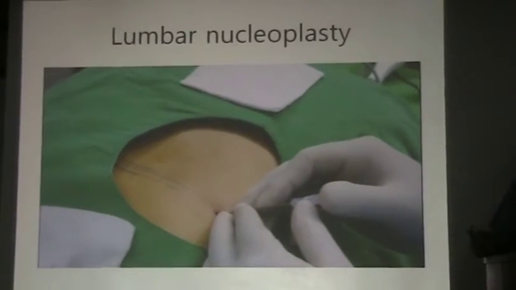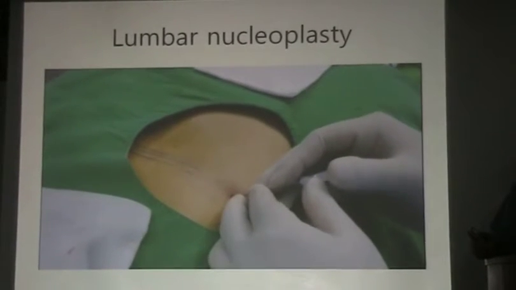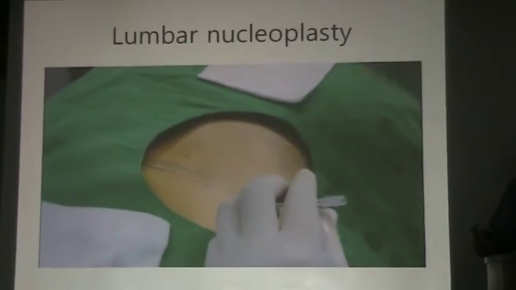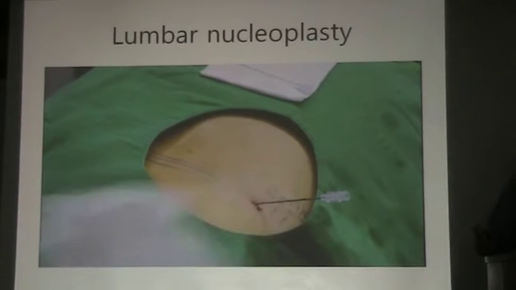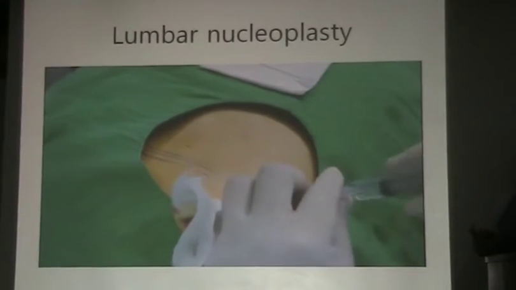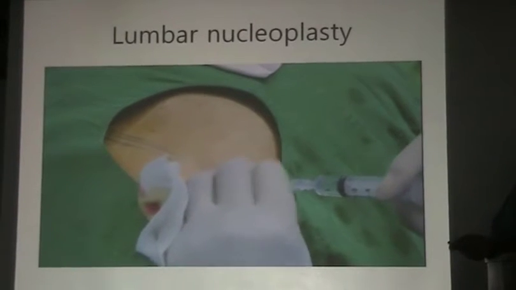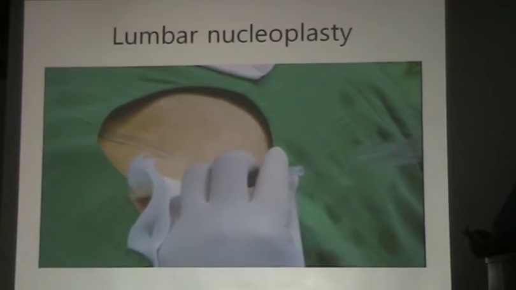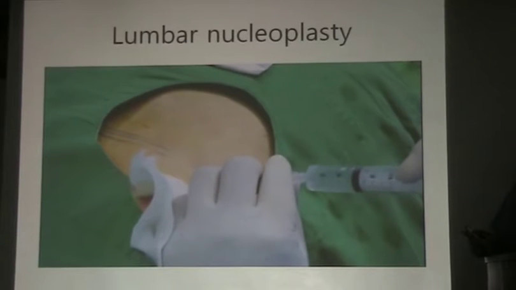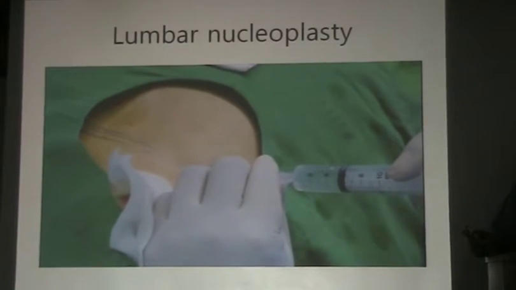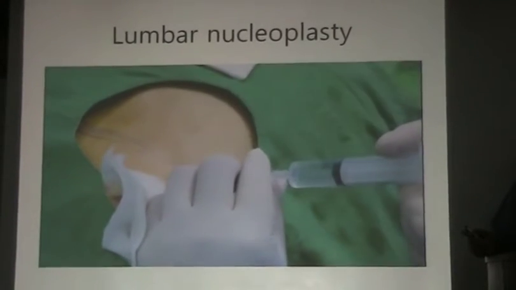Then insert the 18 gauge spinal long needle, facet touch, and insert the needle just beneath the facet joint. It is very important. And epidurography, contrast, linear epidural block with steroid.